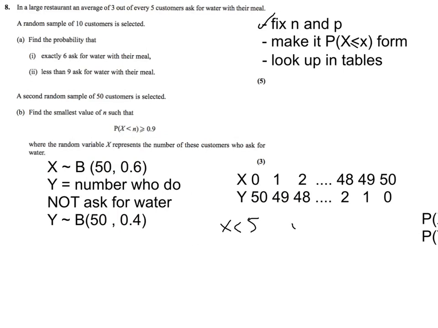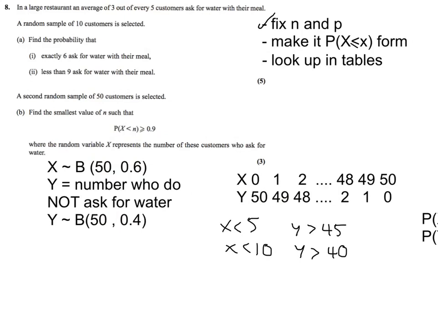Well, y would therefore be greater than 45, because 46, 47, 48, 49 or 50 people could not ask for water. Let's say it was 10. Let's say we had less than 10 people asking for water. That would mean more than 40 people were not asking for water. If you sit and think it through for a second, it does make sense.